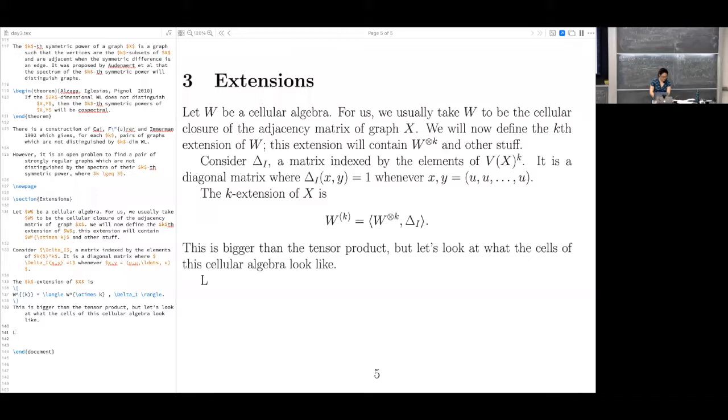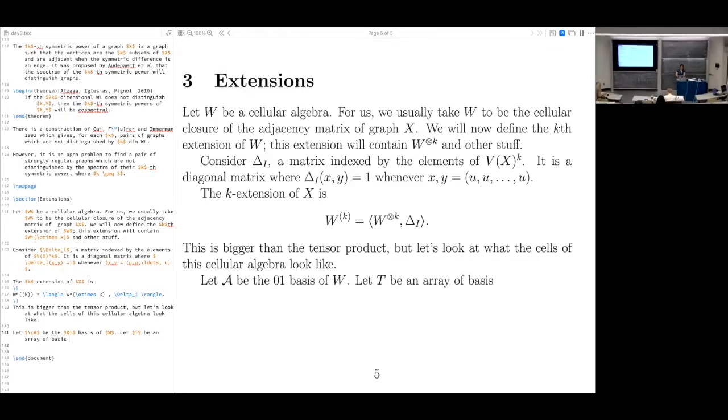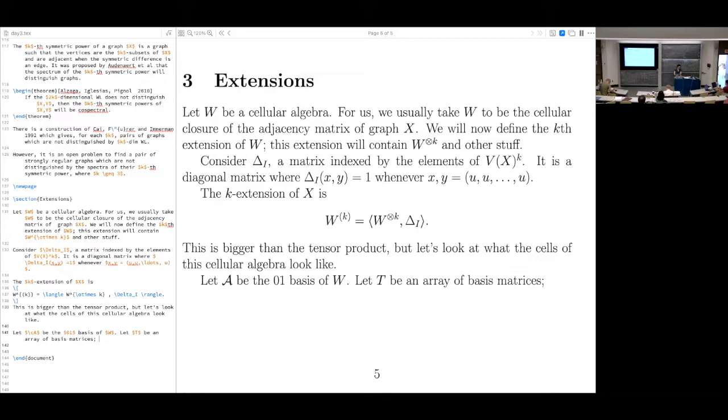So let's look at this. Let curly A be the 0,1 basis of W, the original cellular algebra, and let T be an array of basis matrices. This is a little confusing also to me, but basically I want to take T to be some matrices A_ij, with i, j between 1 and k.